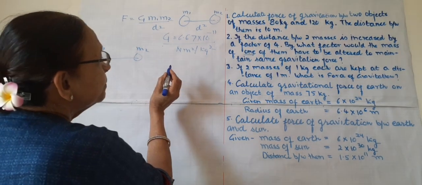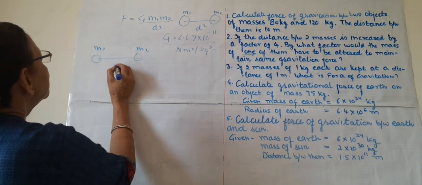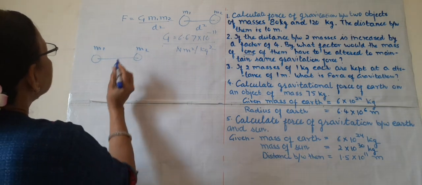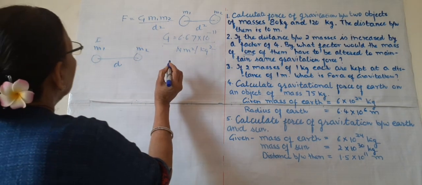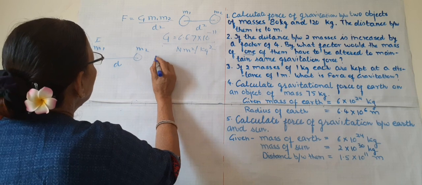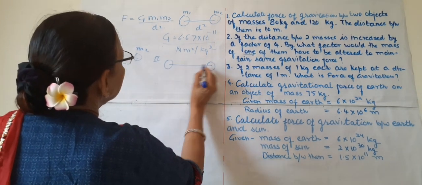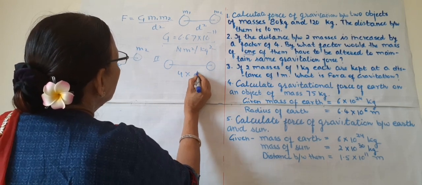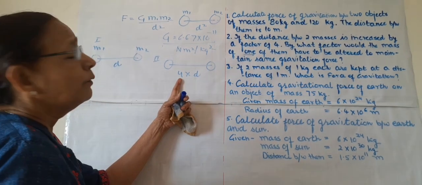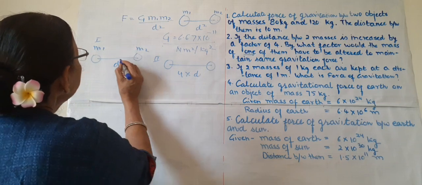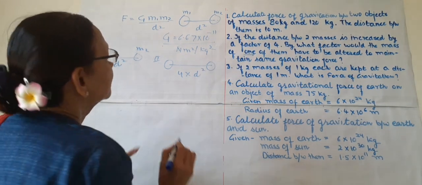Previously the distance between them is, suppose, d. This is case 1. And in case 2, what happened? The distance between them is increased by a factor of 4, that is, now the distance is 4 times the previous distance.